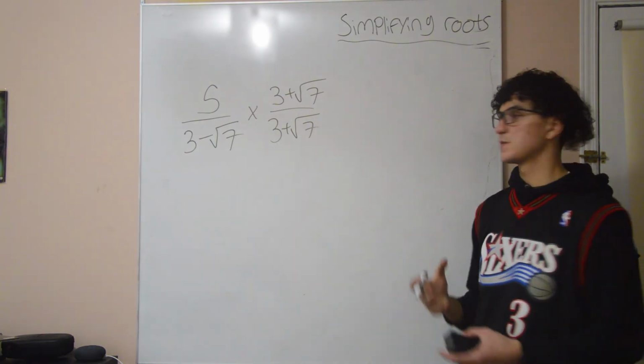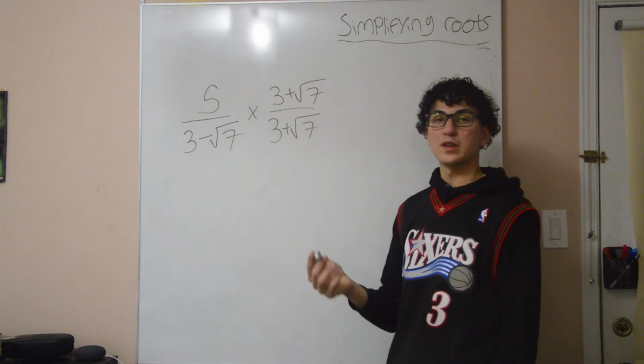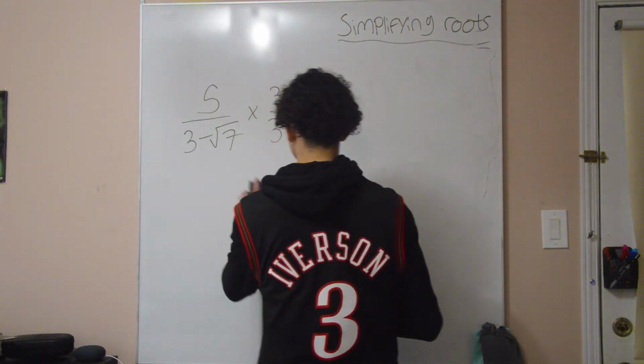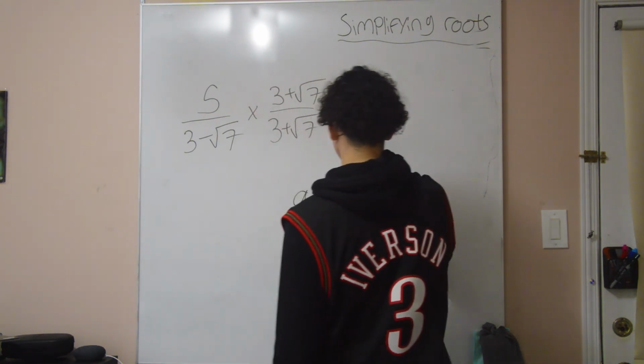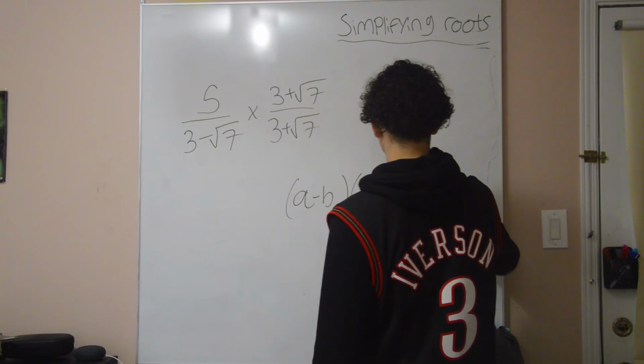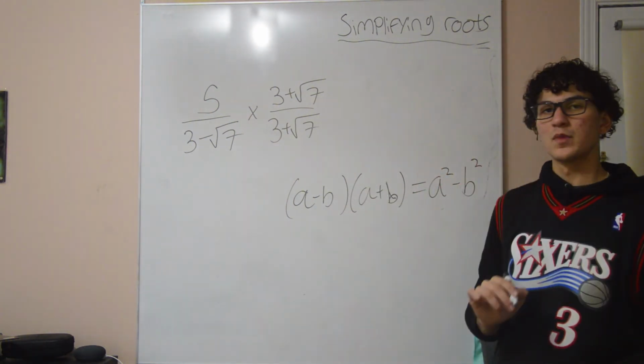And the reason we do that is because if you've gotten this far in math, this is called a difference of squares. It's basically a minus b times a plus b is equal to a squared minus b squared.